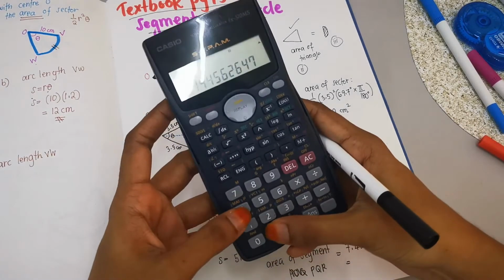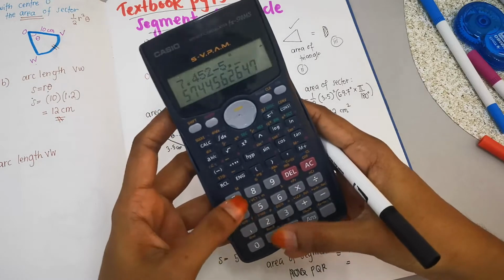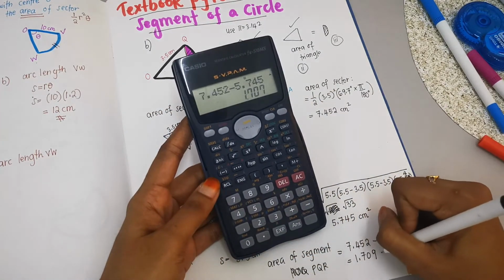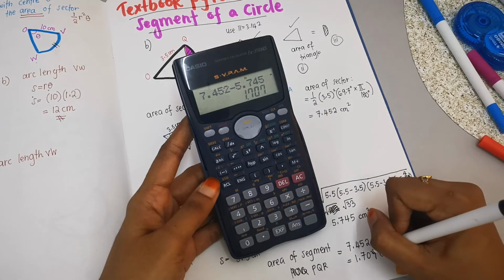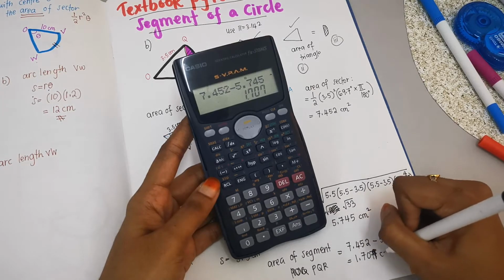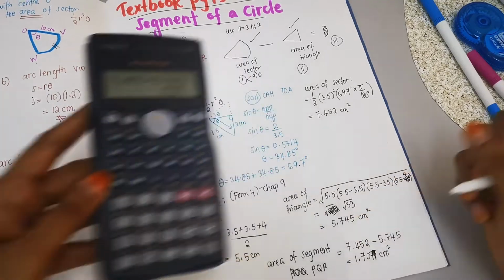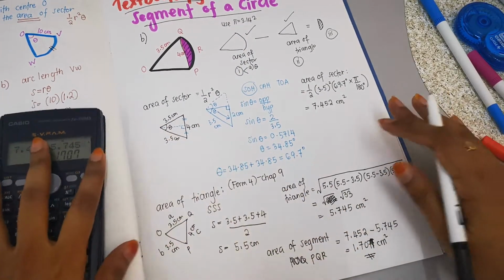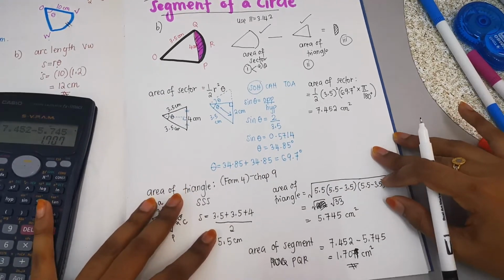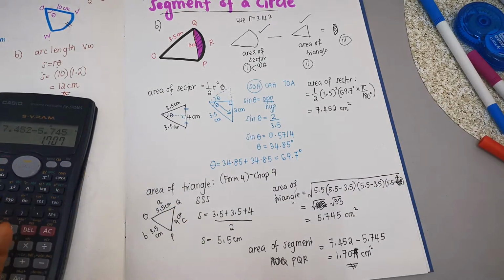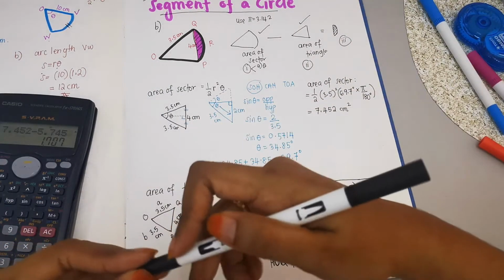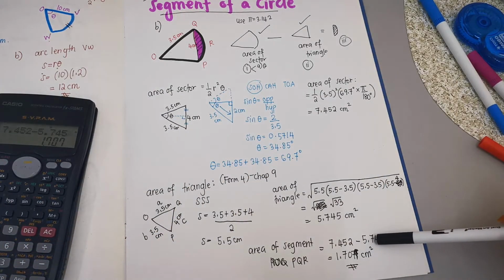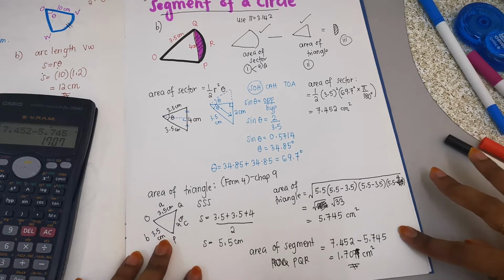So 7.452 minus 5.745, I get 1.707. I'm not following the textbook because the fourth value here is different, but in exam they will look at up to 3 or 4 significant figures. So this answer 1.707 centimeter square is the final answer.